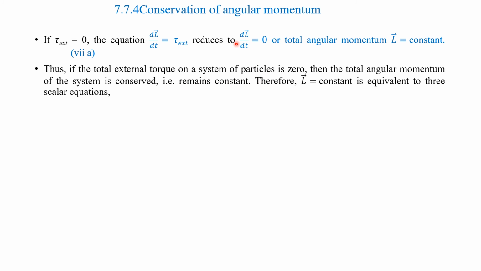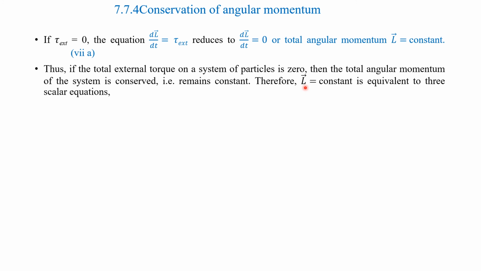From the above equation 7a, we can conclude that if the total external torque on a system of particles is zero, then the angular momentum of the system is conserved. That means vector L is constant. Therefore, vector L is constant is equivalent to three scalar equations.